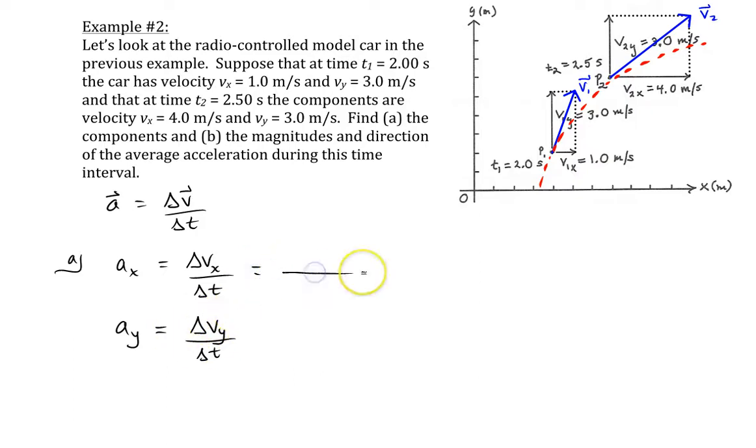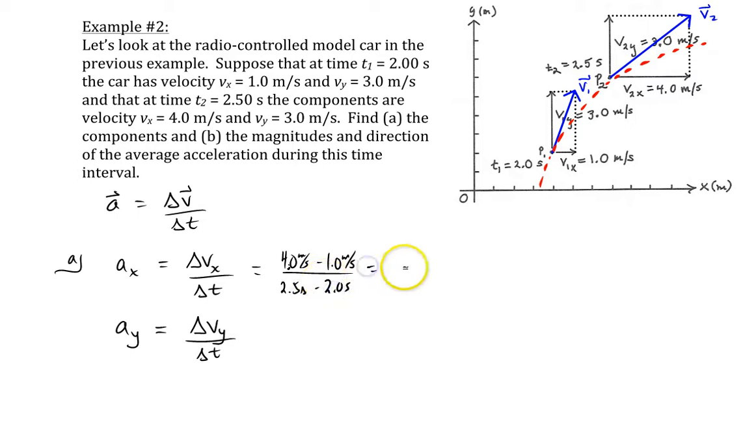So we know at point 2, the horizontal velocity is 4 meters per second, finally. And initially it was only 1 meter per second. So we're going to take the difference between those two numbers, divided by the time interval, 2.5 seconds minus 2 seconds.